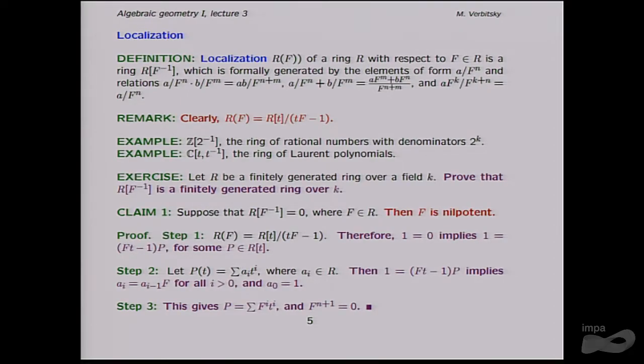But there's an important claim which sort of explains in particular how one can use localizations. Namely, localizations are never zero unless you take a localization over something which is nilpotent. Okay, so claim. This is a really important claim. Let f inside R, and suppose that R of f minus 1, this is localization, is 0.